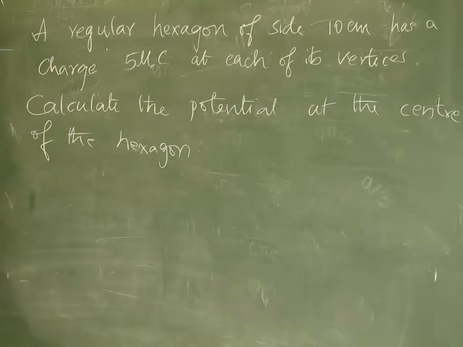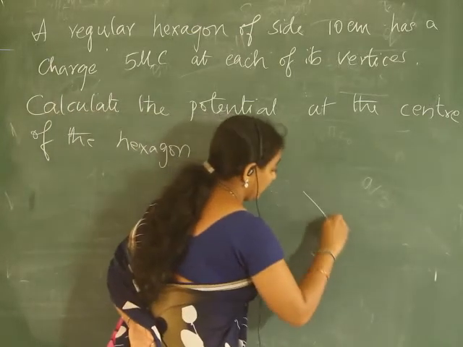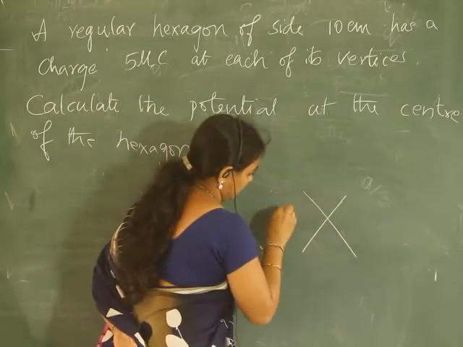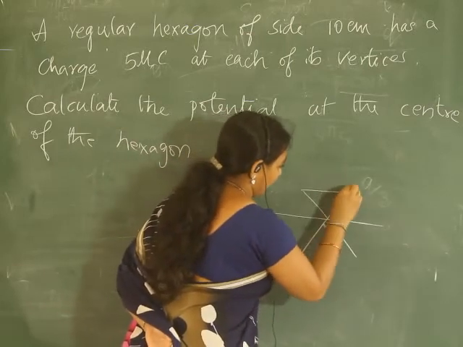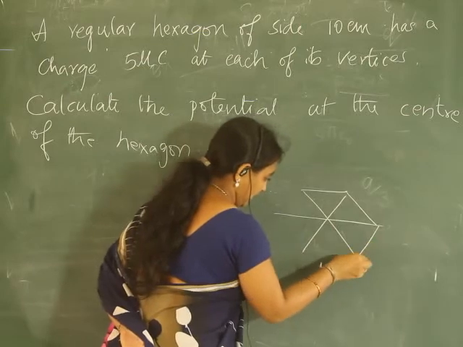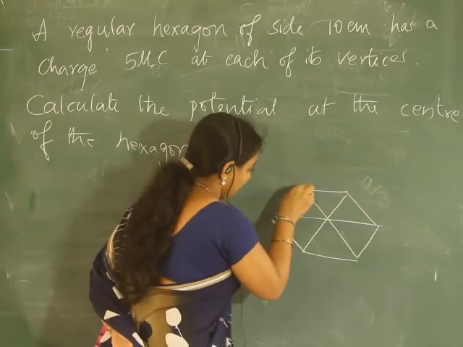How can we solve it? Hexagon means 6 sides, okay? 1, 2, 3, 4, 5 and 6.